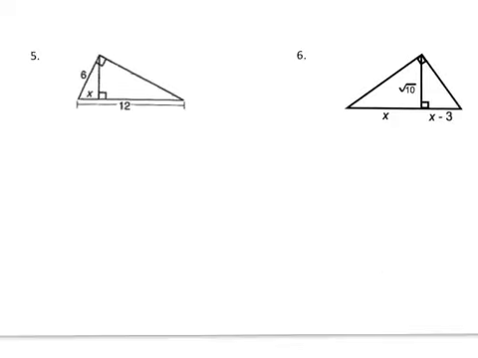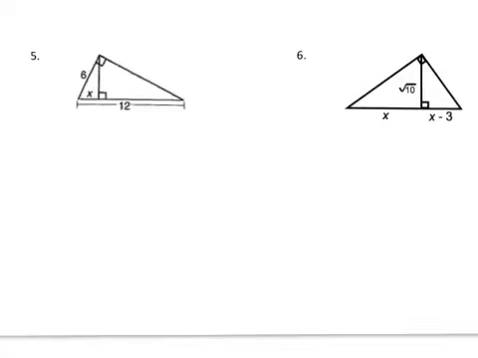So we'll look at a different type of setup with our similar triangles. Here we have the small triangle, and now I have the big triangle. So now we're going to compare small to big. And it looks like I have the short side and the hypotenuse, and I have the short side and the hypotenuse of the big triangle.